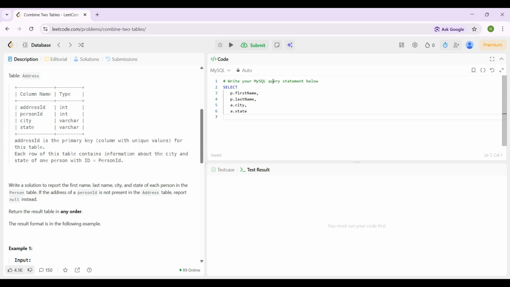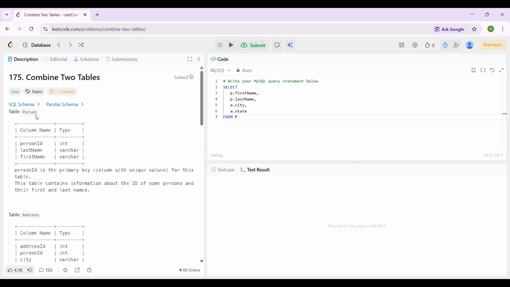From where we should get all these values, like first name and last name? From person table, right? So see, from person table, and we can write instead person dot first name, person dot last name, like the table name dot the column name.